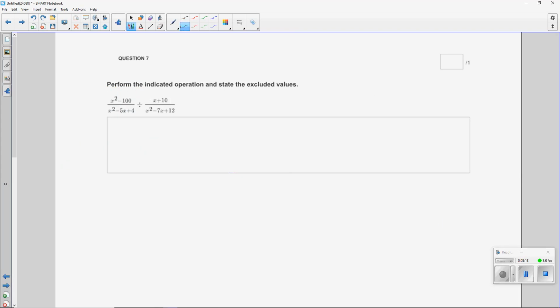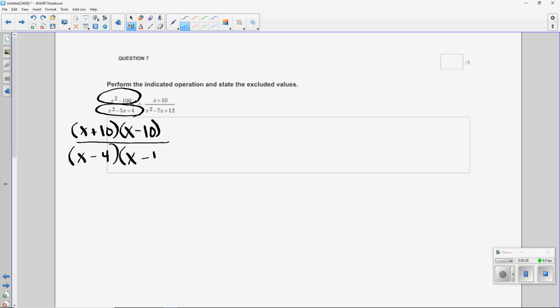All right, and finally, number 7. I'm going to go ahead and factor and do the multiplication flip trick kind of all at once on this one. So factor the top, that's x plus 10, x minus 10, that's perfect squares. Factor the bottom, two numbers that multiply together to give you 4 and add together to give you -5.